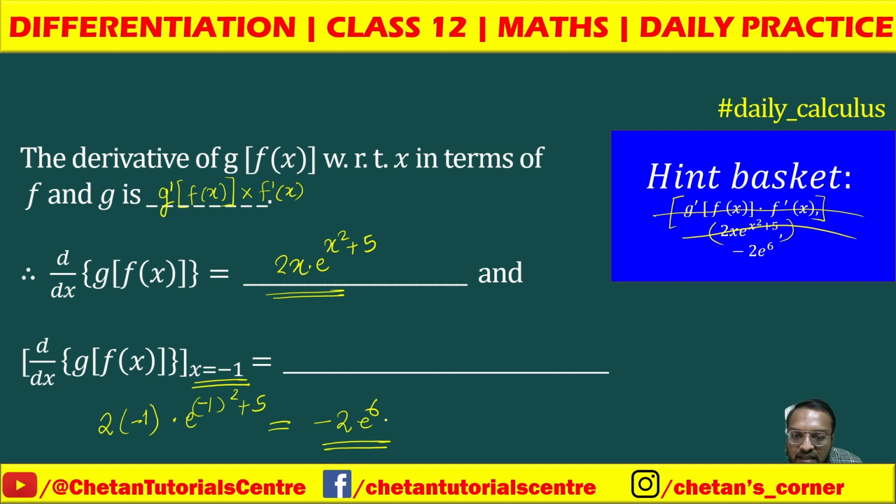And I will write this in the blank space: 2 into e raised to 6. So in this way, I have got the value for the derivative of g of fx when x is equal to minus 1. Let us scratch it out from the hint basket. So in this way, we have completed the solution of this question.